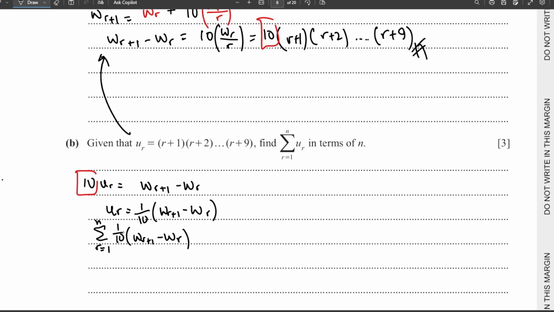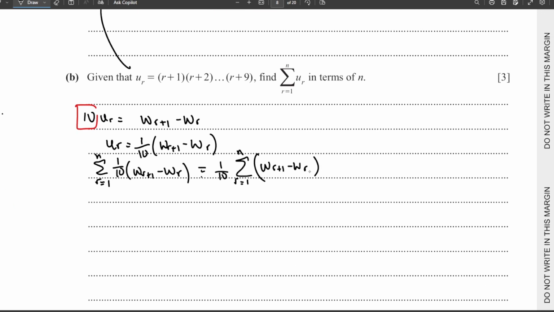First of all, I will take the 1 over 10 outside of the summation to make it easier to see. This is the summation we're dealing with, and we can try to simplify it by replacing r one by one, from r equals 1 up to maybe around 3, to see if we can notice some type of pattern.